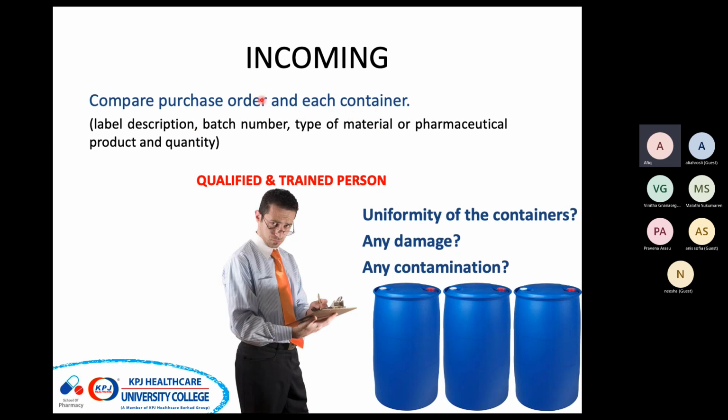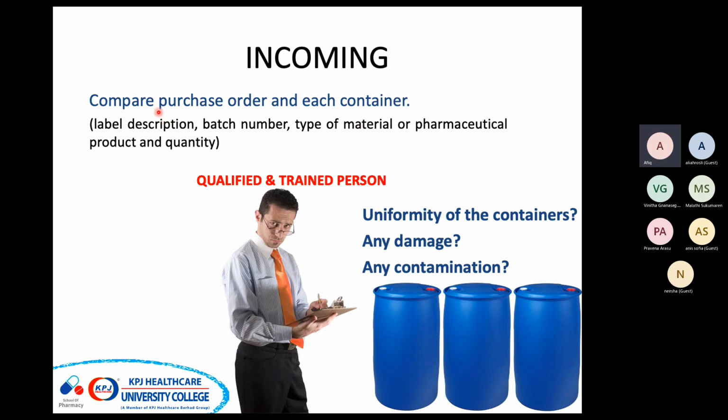Purchase order means the things that you ordered. Maybe you ordered 4 boxes of solvent, maybe 4 drums of coloring, whatever.